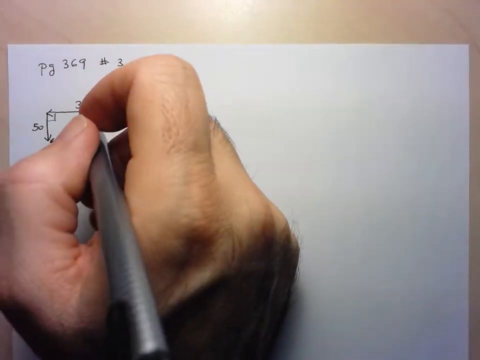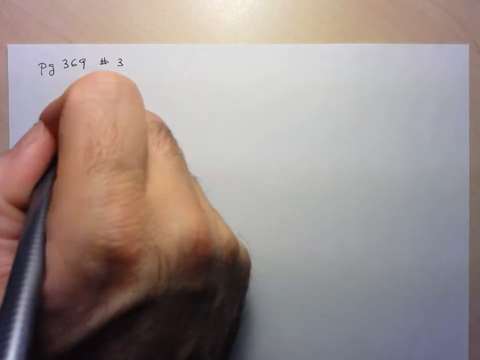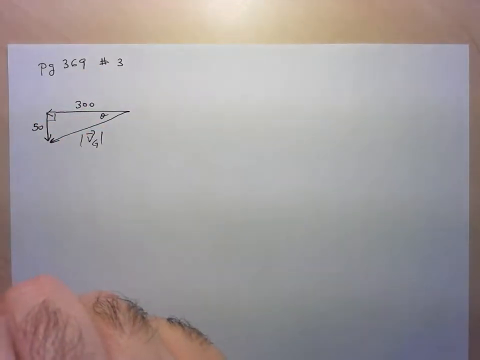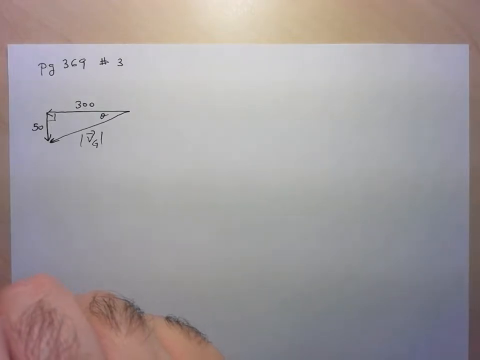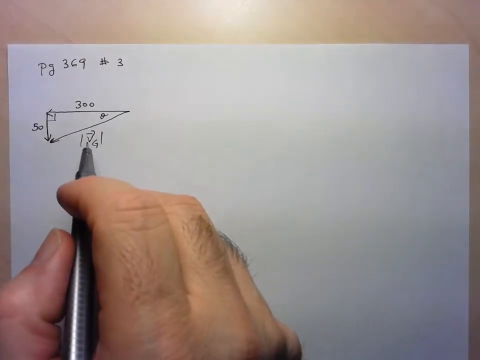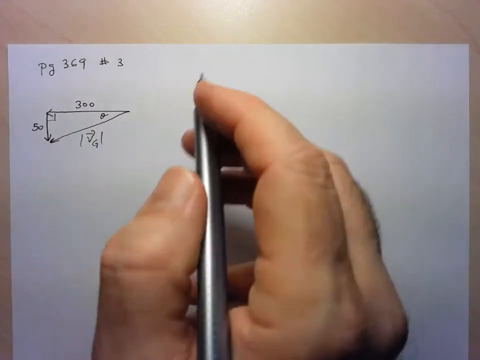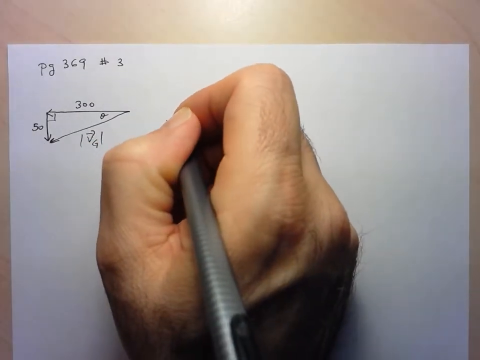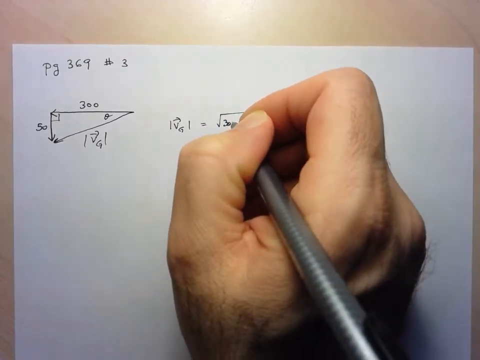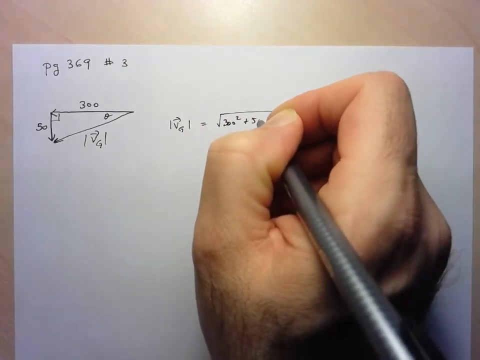Here, since we already have the west direction, this angle would be a good angle to use to describe the direction. I'm not even going to use trigonometry to find VG, because I can just use Pythagoras here. So the magnitude of the ground velocity is just the square root of 300 squared plus 50 squared.